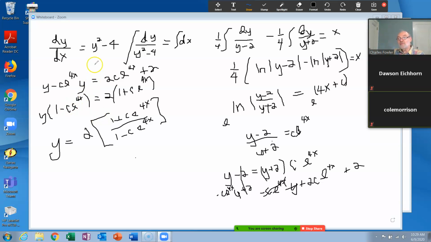And the reason you won't is because you divided by this. See, originally this was not a problem, y being plus or minus 2. It's only when you divided by that it became a problem. So your answer, everything we did here disallows y is equal to plus or minus 2. However, that wasn't disallowed in your original equation. So those are your lost values there.